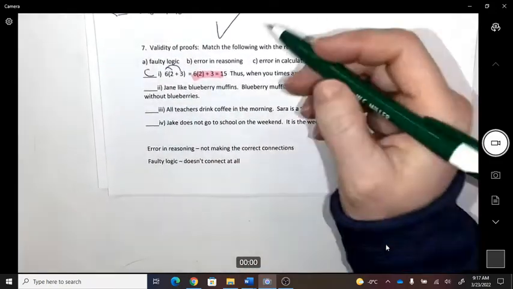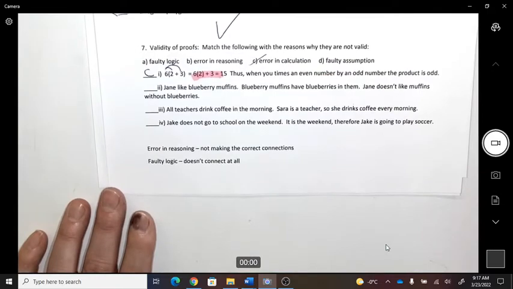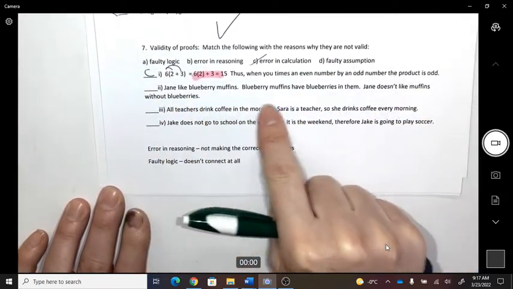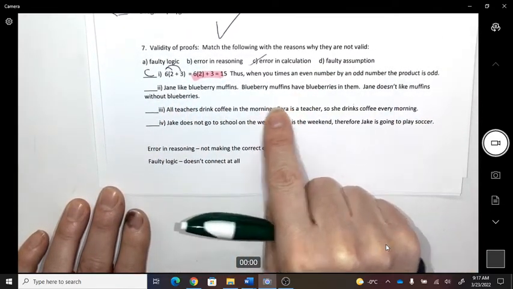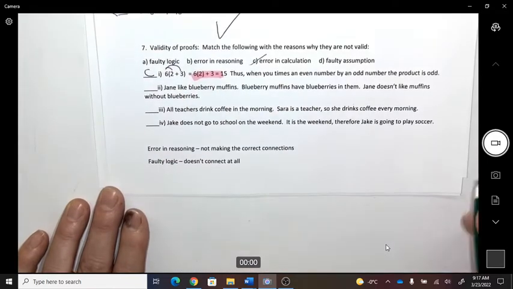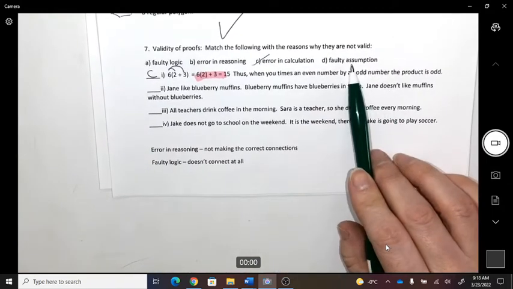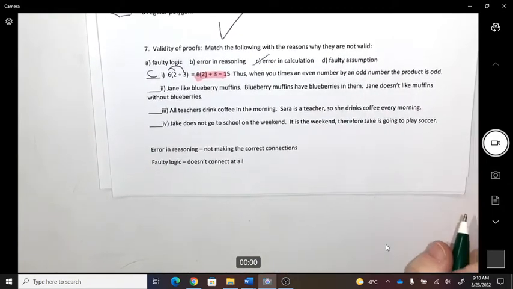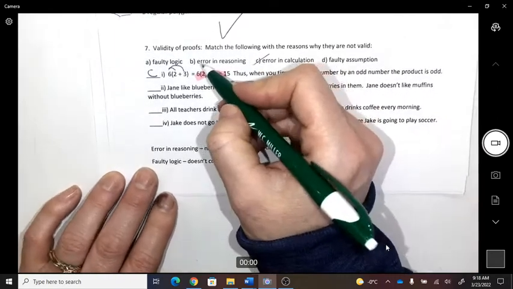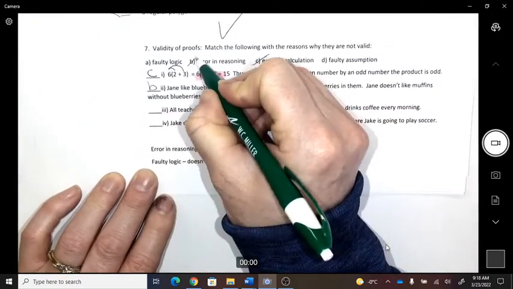Which reasons, we've already used that, I'm going to have them all matching, so which one is it? Faulty logic, an error in their connections? Are they not connecting their ideas properly? Did they start the statement with something that's inaccurate? I think that they're not making the correct connections.